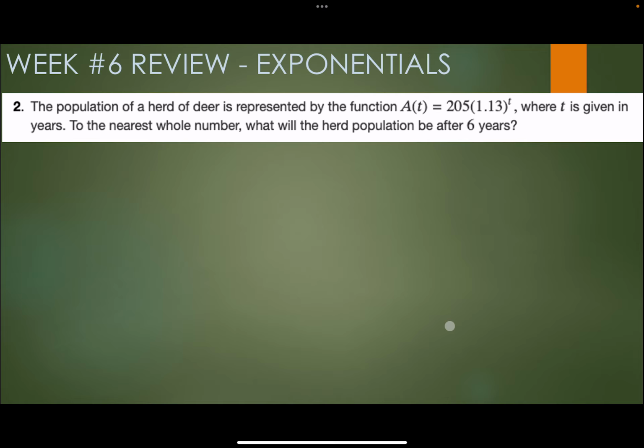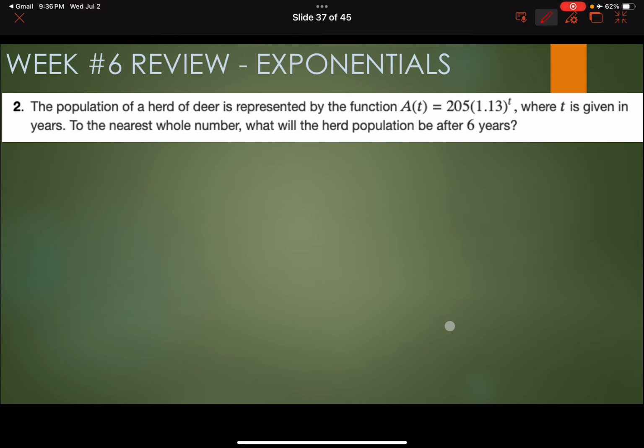All right, question 2. The population of a herd of deer is represented by that function where t is given in years. To the nearest whole number, what will the herd population be after 6 years? Pause here so you can try it, and then I'll try it. It says after 6 years, so that means it's going to be A of 6, because the t is going to be 6. That's going to be 205 times 1.13 to the 6th.